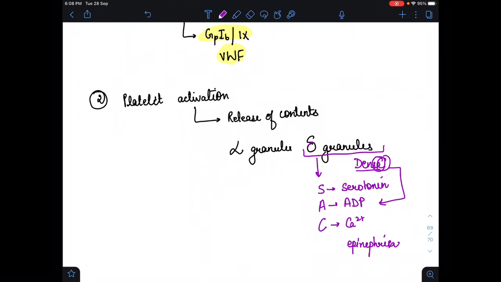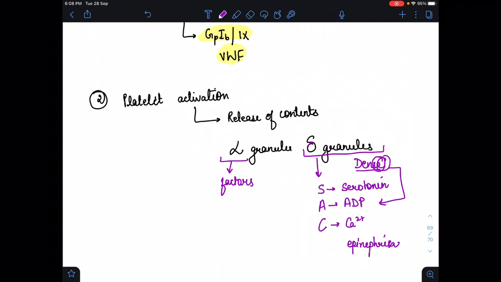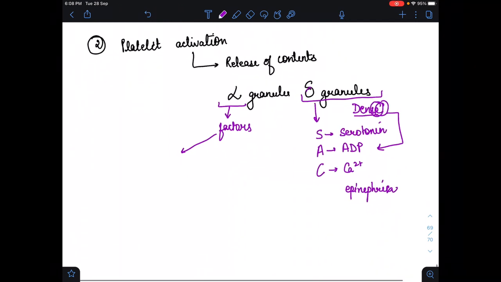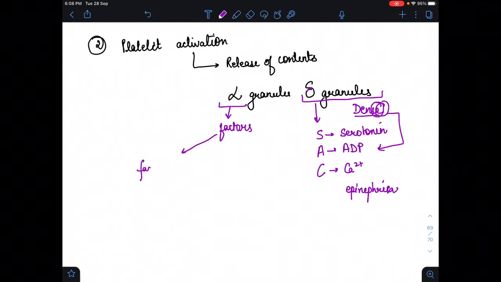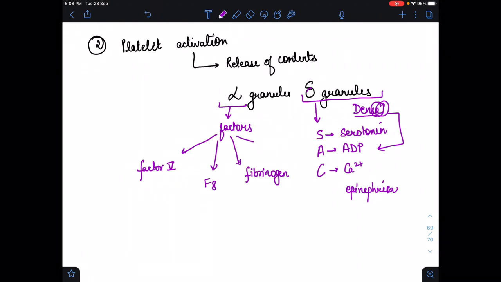These are the components which are released from the delta granules, while from the alpha granules all the factors are released. What factors? From the alpha granules we have factor 5, factor 8, fibrinogen, and fibronectin.